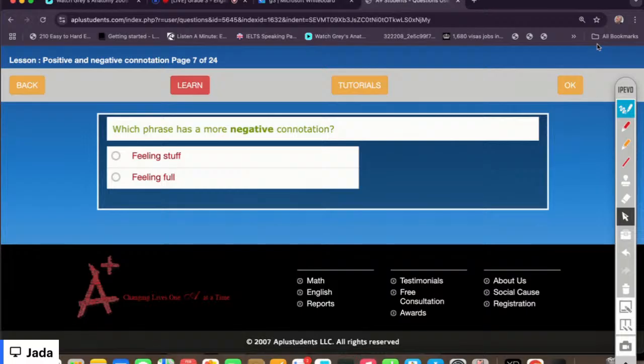Then we have, which is more negative, feeling stuffed or feeling full?